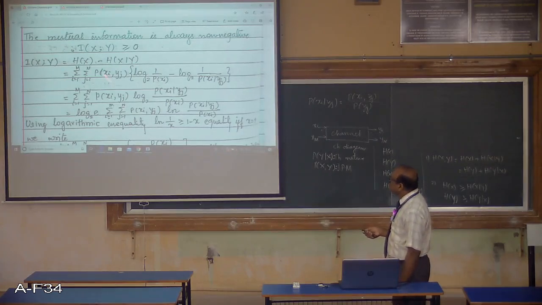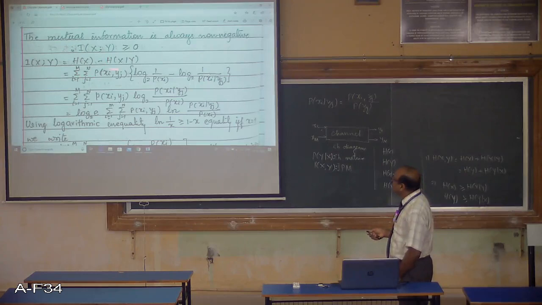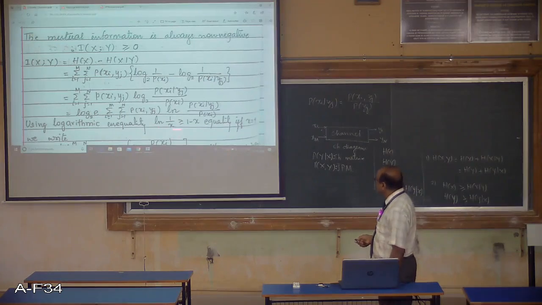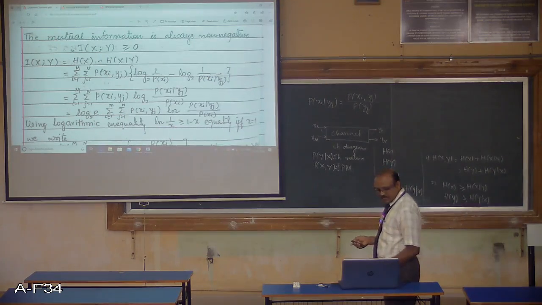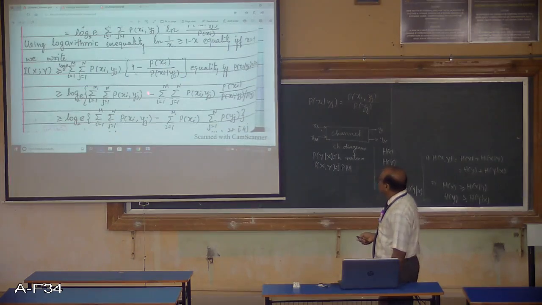So this is again proved using the same logarithmic inequality, wherein we apply the basic definition, log a minus log b is taken as a ratio, converting this base 2 to natural logarithm, with this ratio, and apply this logarithmic inequality, same concept, which comes out to be 1 minus this.